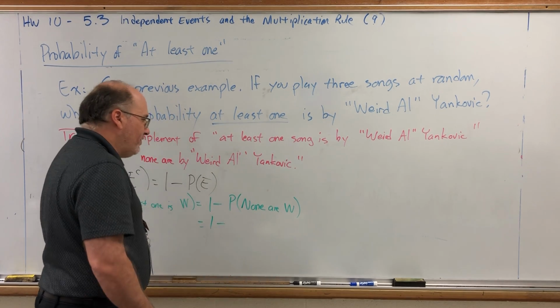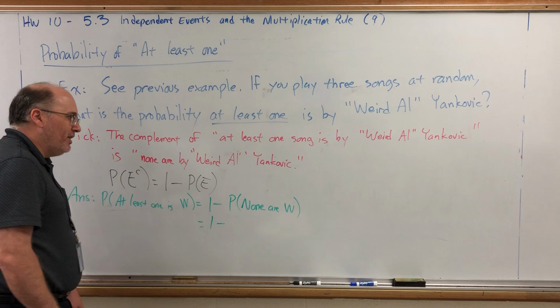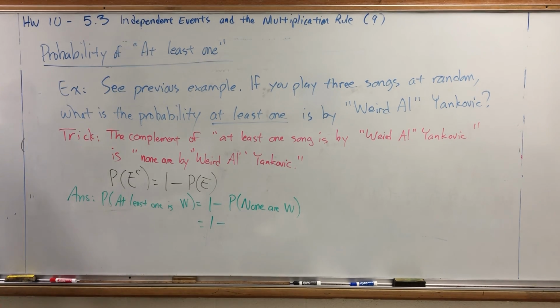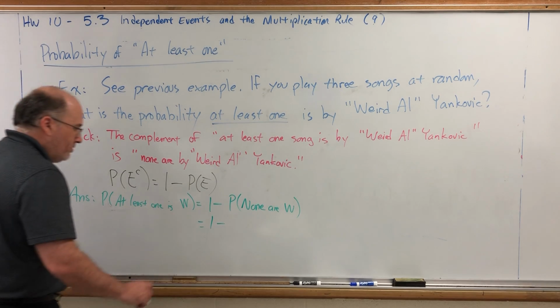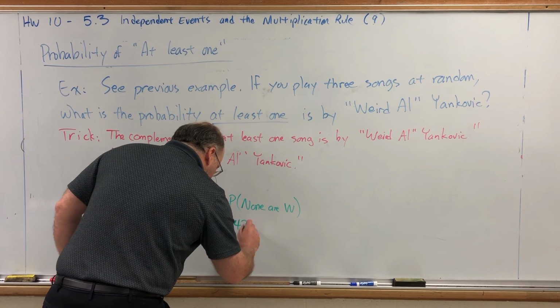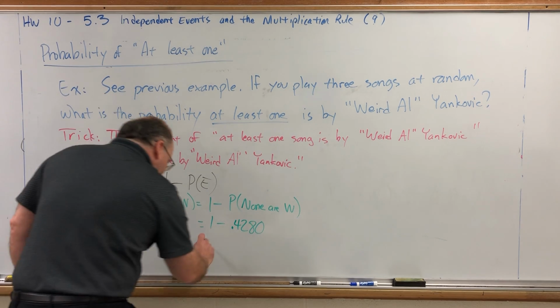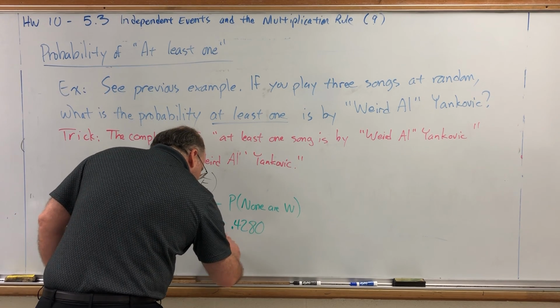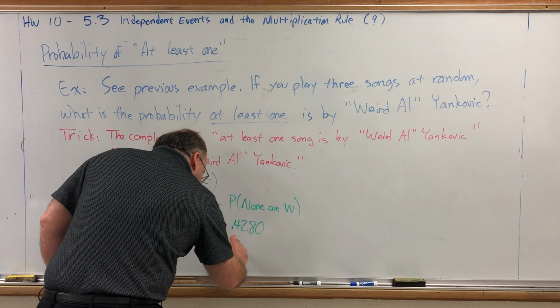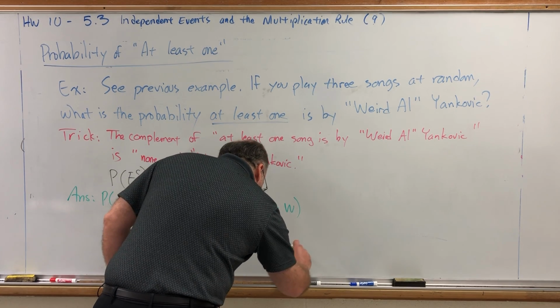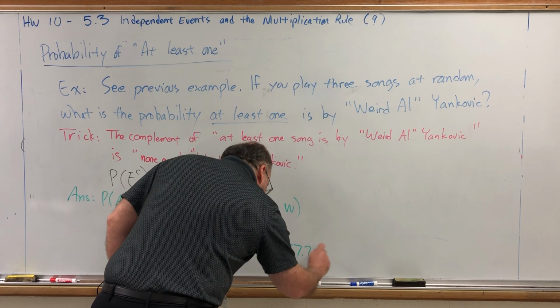But in the previous video, we calculated that the probability that none of the 3 songs were Weird Al Yankovic is 0.4280. Well, I had written 42.80%, but that's the decimal. And so if I subtract, I get 0.5720, or 57.20%.